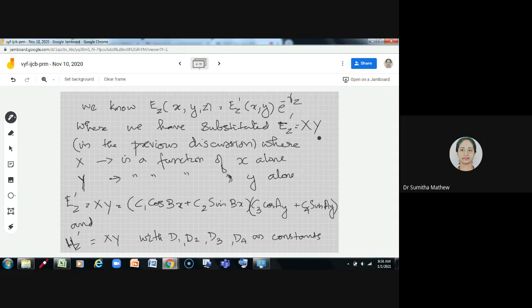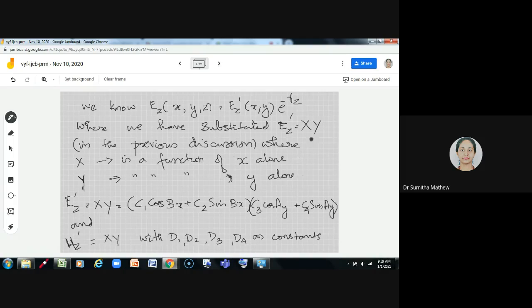So Ez dash, for deriving the solution, you substitute Ez dash is equal to XY, capital X into capital Y, where X is a function of variable small x alone, and Y is a function of variable small y alone. So capital X and capital Y are actually f of x and f of y.